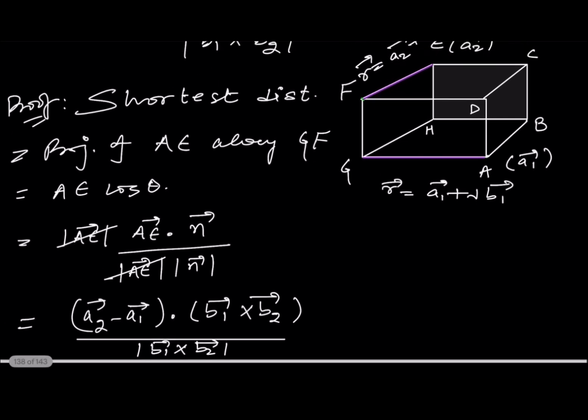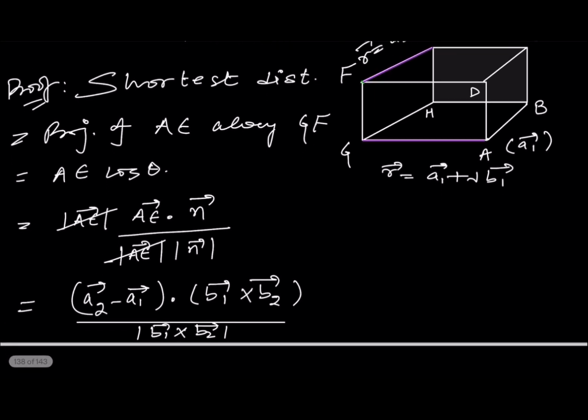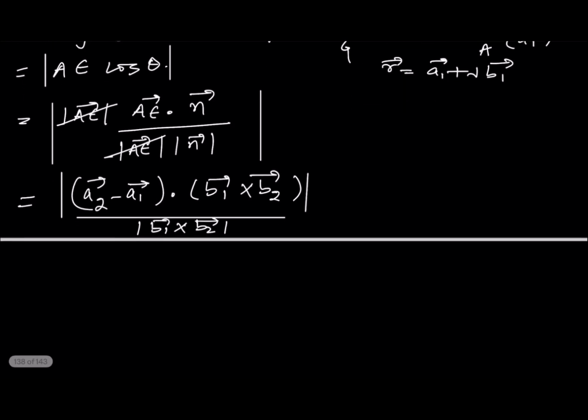As distance is always non-negative, so we have to take mod in all cases. So this will become this. So this is nothing but shortest distance.